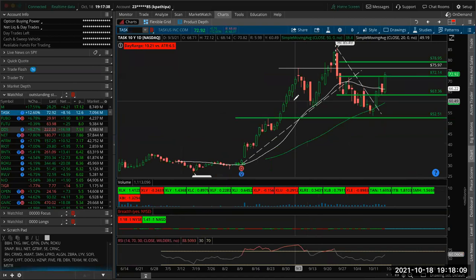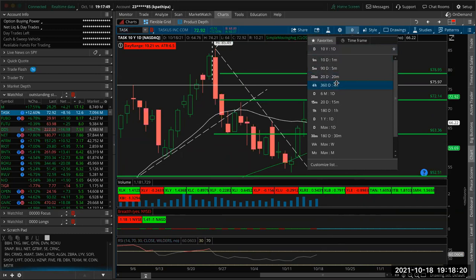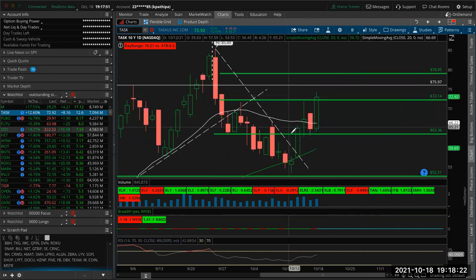But technically, the reason I bought it today is because it took care of this candle. So if it breaks below this level, which is around 71, let's say 71.50, I should be out. But we know why it's going down, so I want to wait and see how it does.